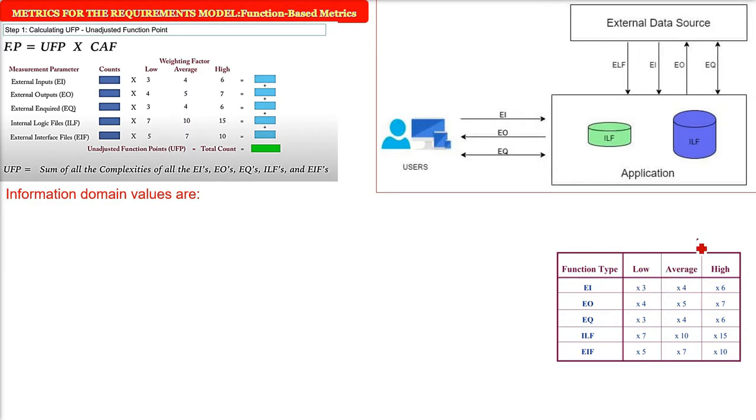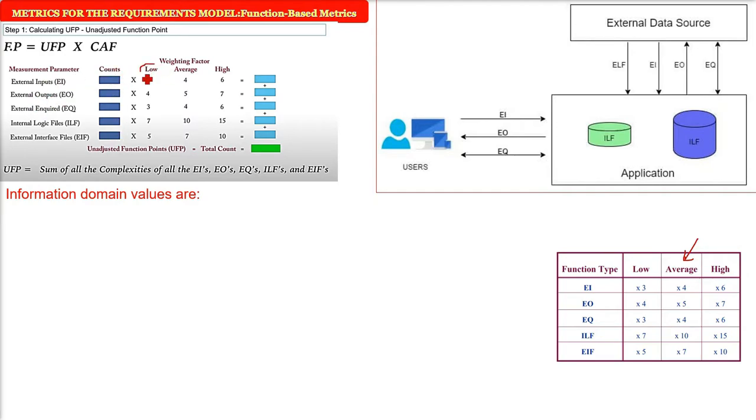For example, this is just an example of all these 5 values, and these numbers are already empirically computed. For a low kind of product, or effort wise or other parameter wise, if it is low, you will use 3, 4, 3, 7, 5. If it is high, 6, 7, 6, 15, 10. Now I'll tell you how these numbers are computed.